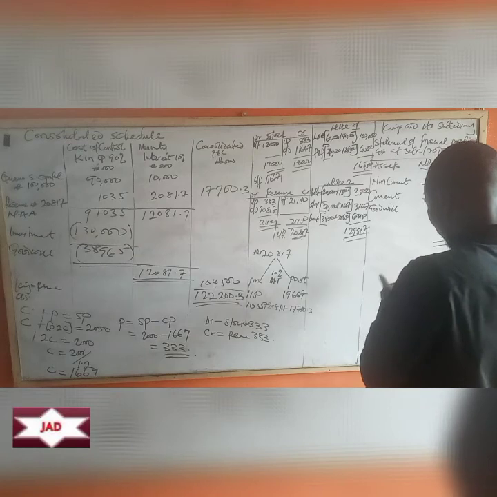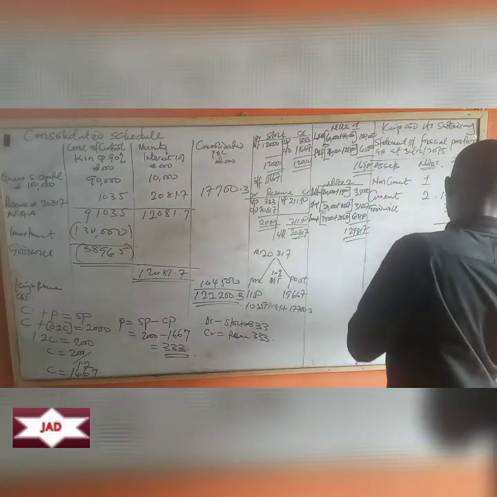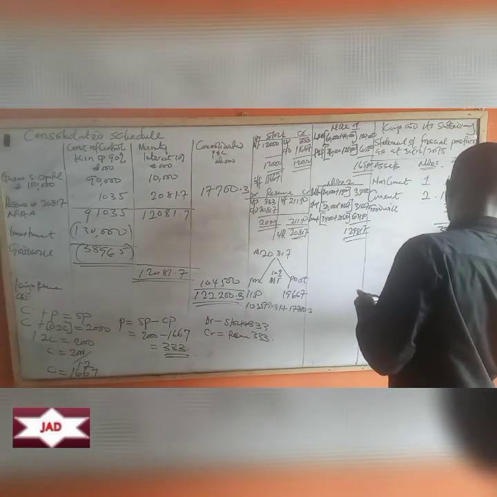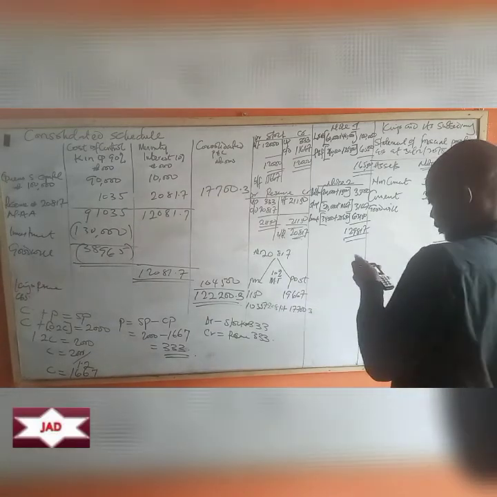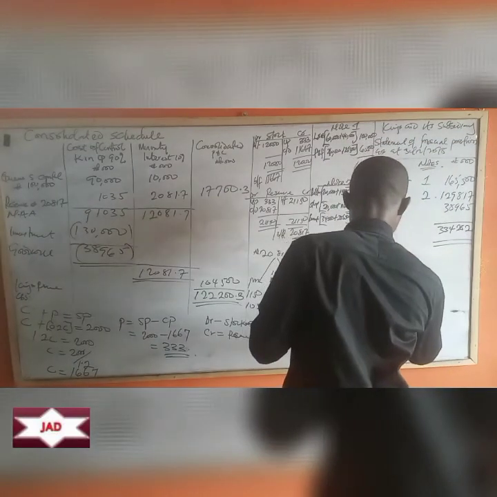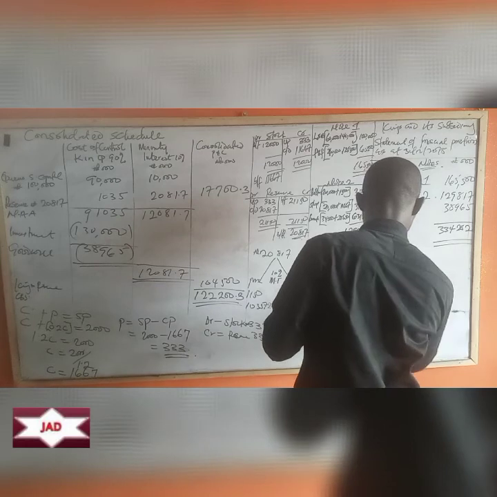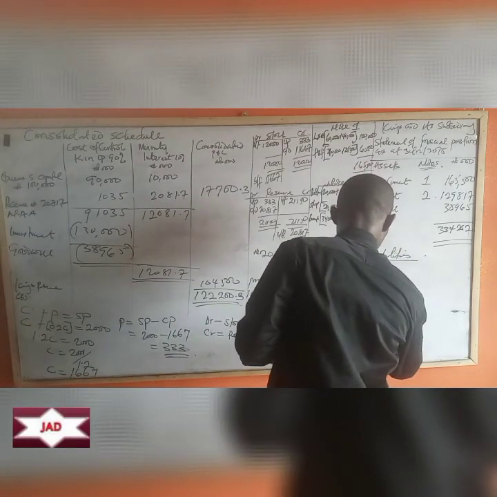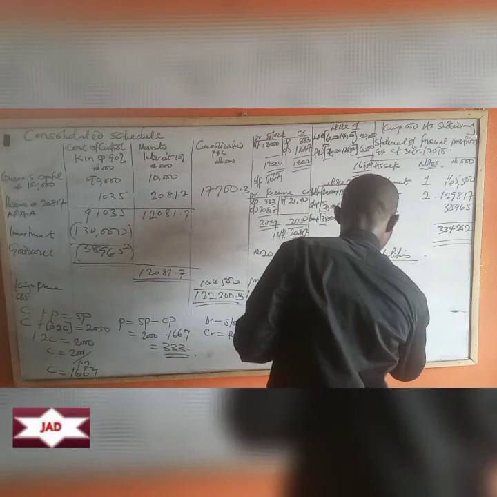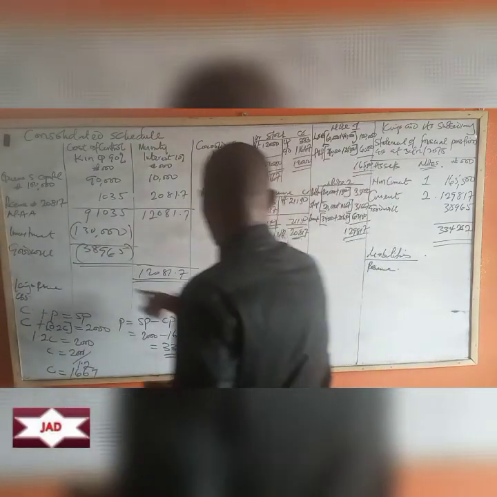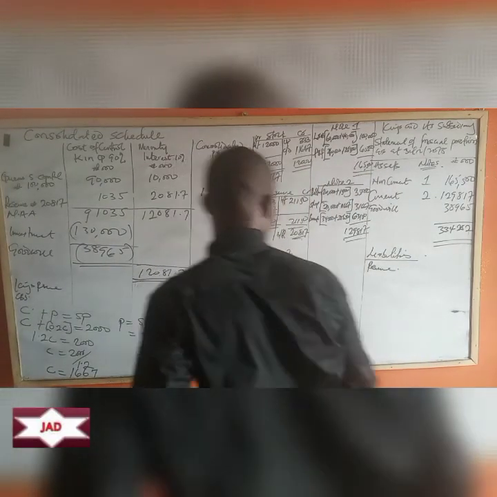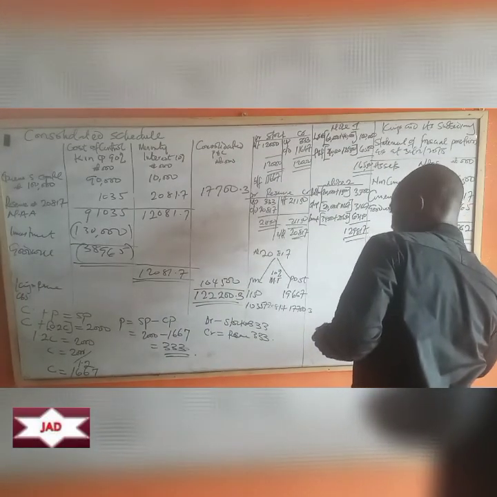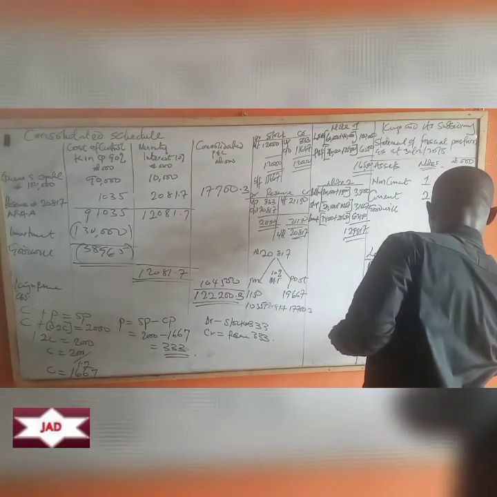This is 334,282. So let's go to liabilities now. What do we have? 122,200.3.